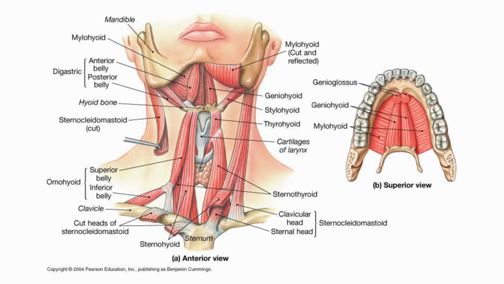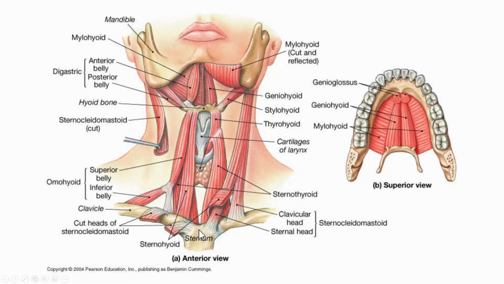Now, when you look at these, don't freak out. Don't try to memorize them per se, but look at origins and insertions. So down here we have the sternum. Here we have the thyroid cartilage, and here's the hyoid bone. Now let's just look and see where these muscles are attached.